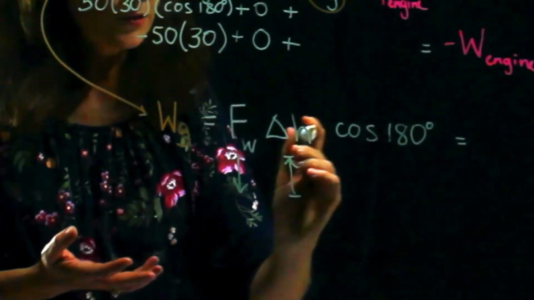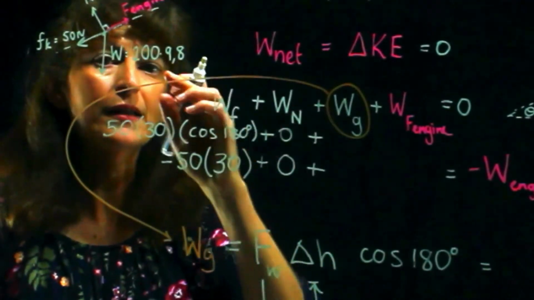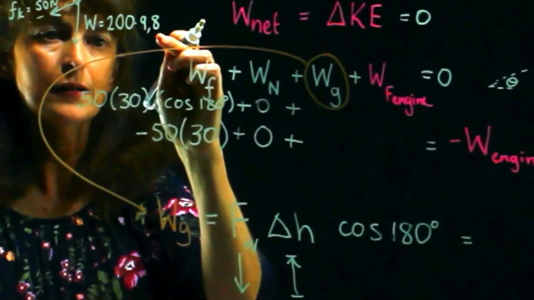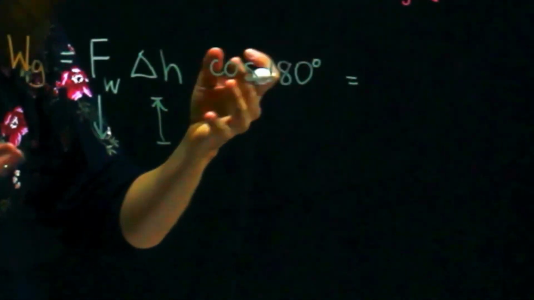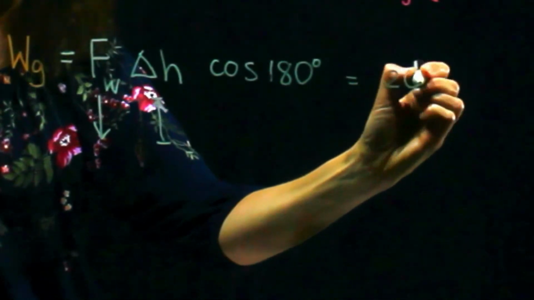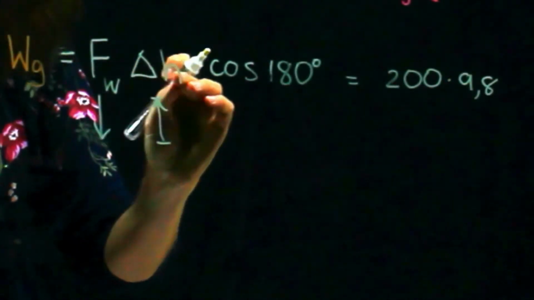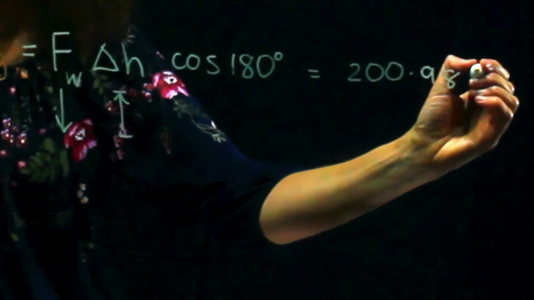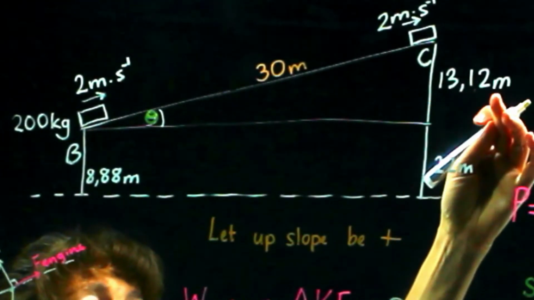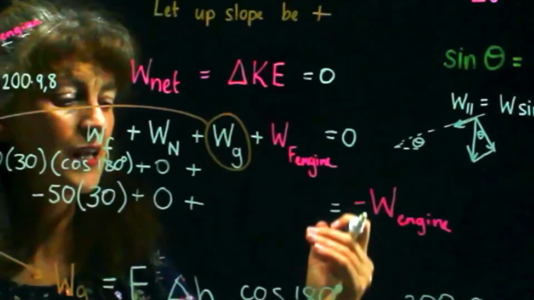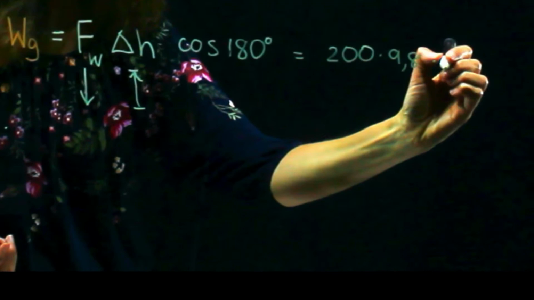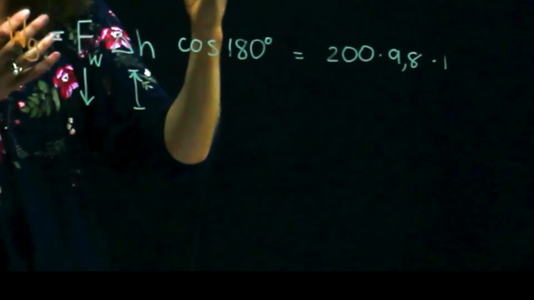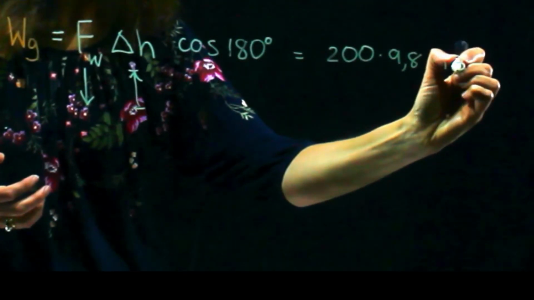So the force of weight, well, we know what that is, 200 times 9,8. The force of gravity, which is weight. We multiply by delta H. We know what delta H is, 13,12 meters. It's 13,12 meters higher at the end of this interval that we're interested in than it was at the beginning.